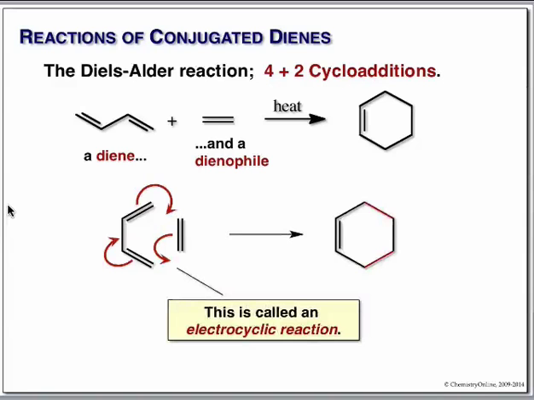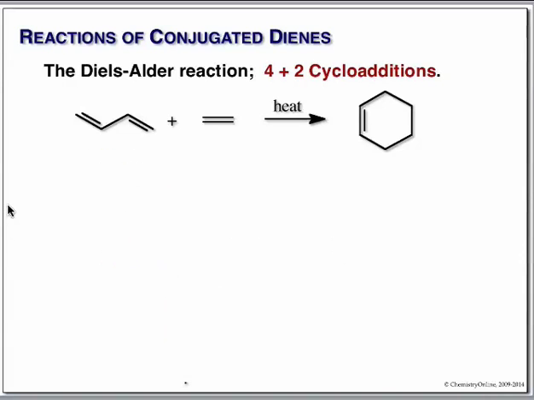The challenging thing about doing Diels-Alder reactions is drawing the products when we have polycyclic rings involved. This was the first one that we looked at. Once again, let's just take this apart.